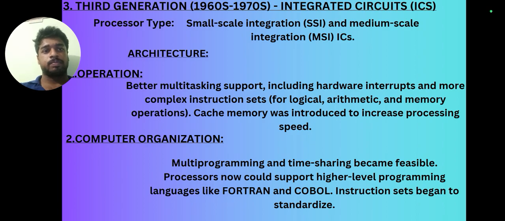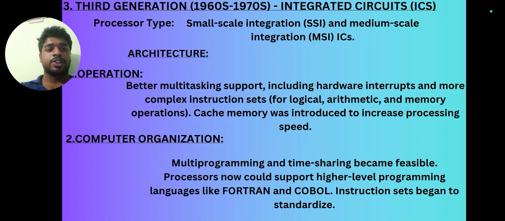Third generation. In the third generation, we will see small scale integration, SSI, and medium scale integration, MSI, processors. The operations include better multitasking support, hardware interrupts, and more complex instruction sets for logical, arithmetical, and memory operations.